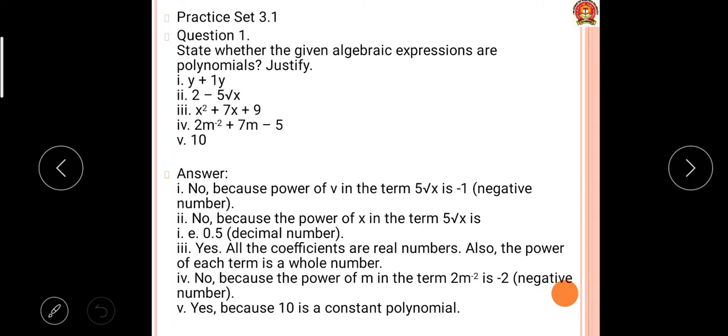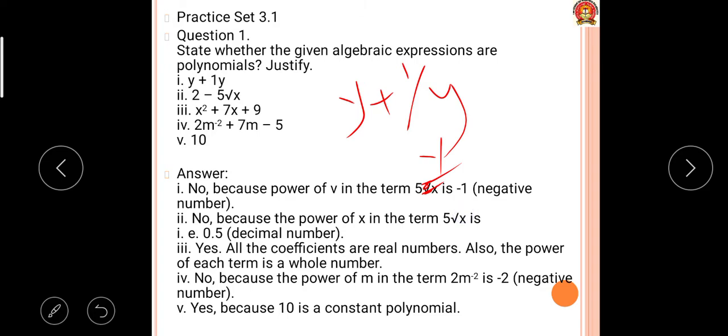No, because the power is a negative number. This is not a polynomial because the degree of this y is minus 1.